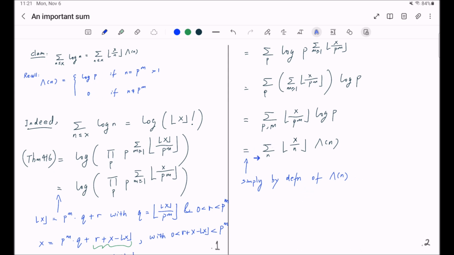Although it looks like this sum has more terms than this sum, by definition of lambda, you will see the actual terms are all equal to 0, because whenever n is not a power of p, the individual summand will become 0.